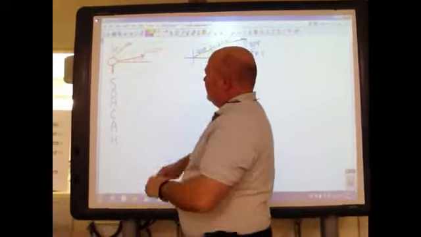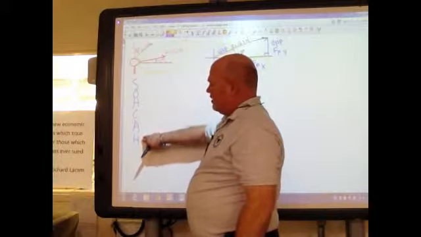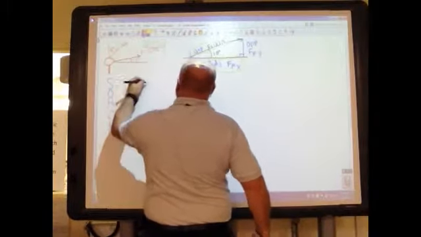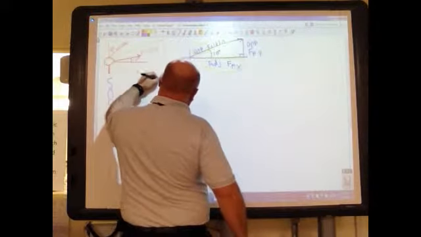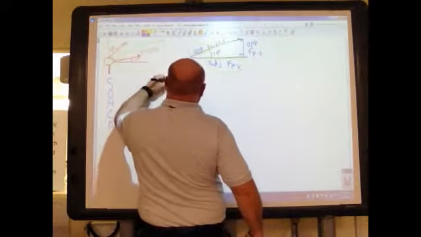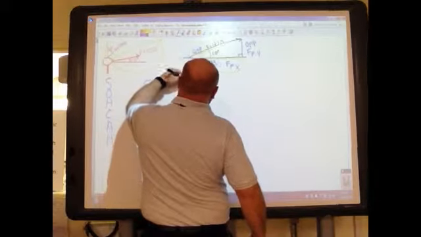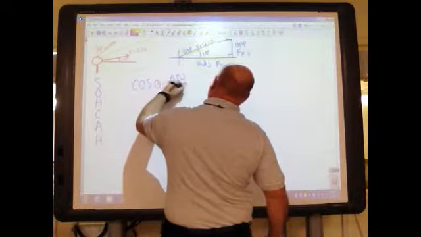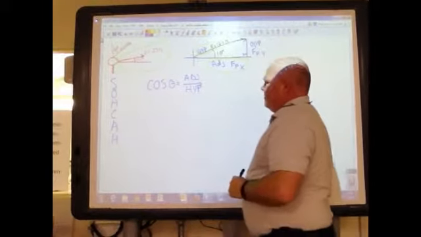If you look, cosine, adjacent, hypotenuse. So I'm going to use the cosine feature for this one. So cosine of theta equals adjacent over hypotenuse.